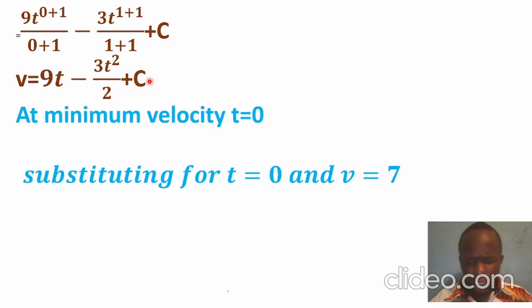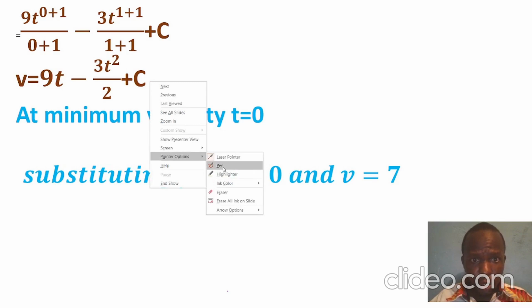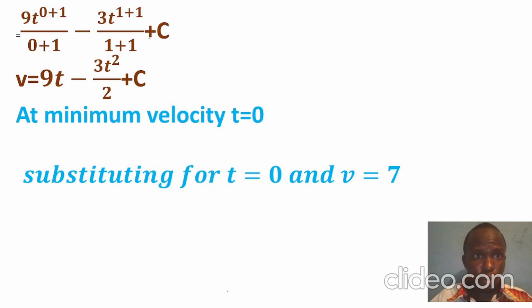One thing to note here, we have to get the value of this arbitrary constant for the velocity function to be complete. And now we're going to arrive at that.